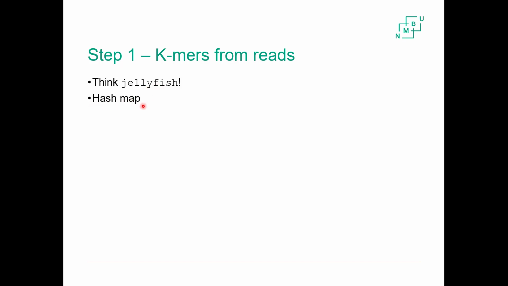So what is a hash map actually? I suppose that some of you have heard, if you're taking some courses in algorithms and data structures, but most of you have never heard of hash maps, I suppose. What is it? Well, the idea of a hash map is that each canonical k-mer is converted to an integer by some function, right?